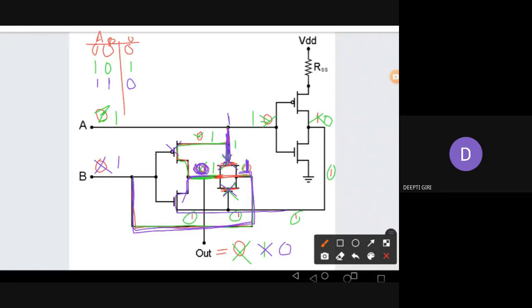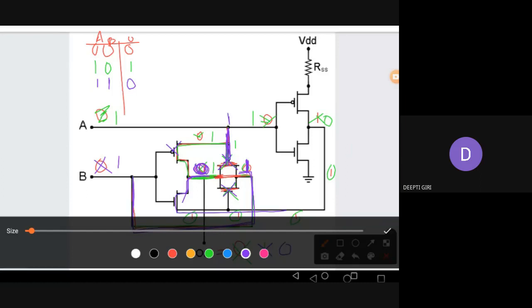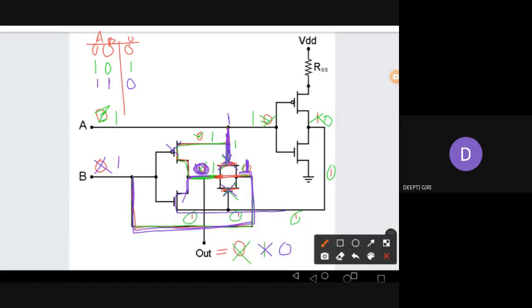Okay. Now let's see the last condition: when B is 1 and A is 0. When B is 1, now we change the condition of A back to 0. Now the output of this inverter is 1, high. So this bottom is getting high, high, high.